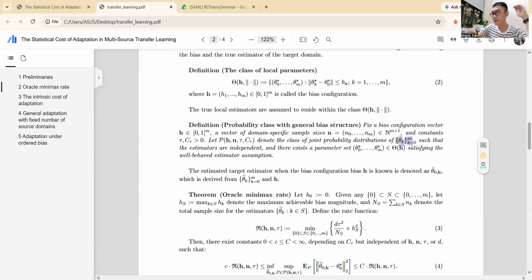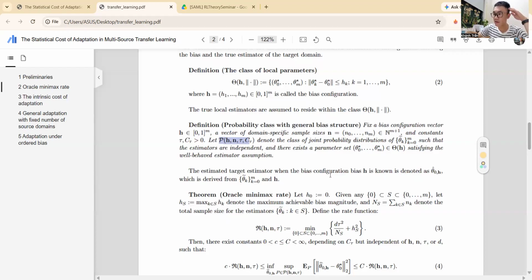So the estimated theta tilde k is sampled from a distribution P belonging to that class, and there exists a set of true parameters in the class of local parameters such that the estimators derived from the distribution satisfy the well-behaved property with respect to that set of true parameters.